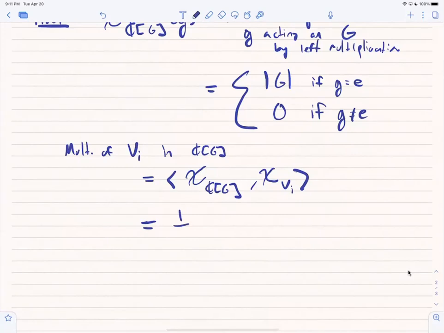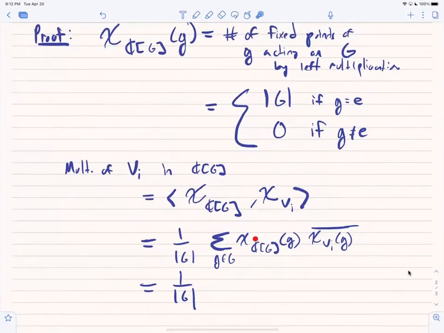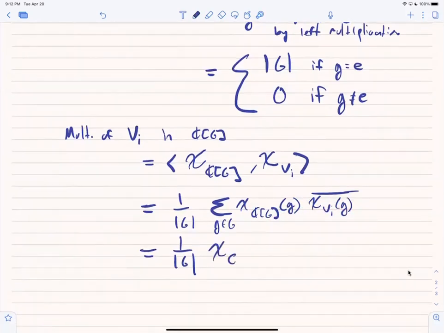If you look at the sum over all elements g of G of the first character evaluated at g times the second character evaluated at g and conjugated, by the computation we just did, this is going to be 0 if g is not the identity element. So we are only left with the identity term.